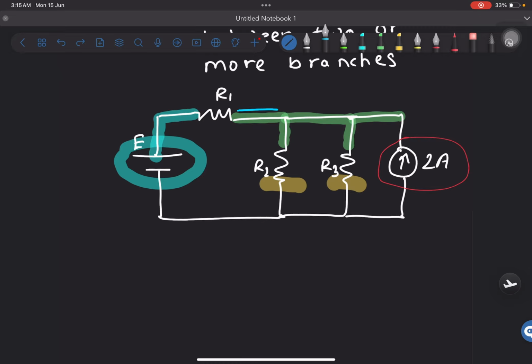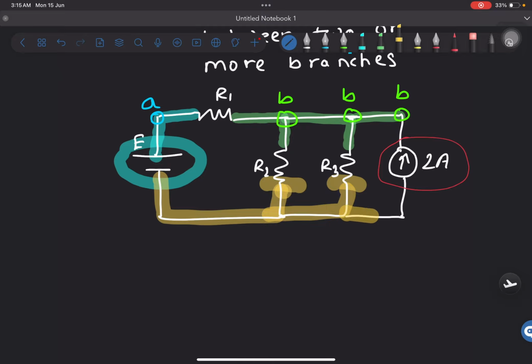So this line, it keeps going and then it goes this way. Here is one break. Then this line, it also keeps going over here and there is another break, and it also keeps coming here until it says this break. So if we actually start naming them, let's say this part is node A, and then this part is node B, this part is also node B, this part is also node B. And right after the break, this till here, this till here, and this till here, these are connected with the same wire.